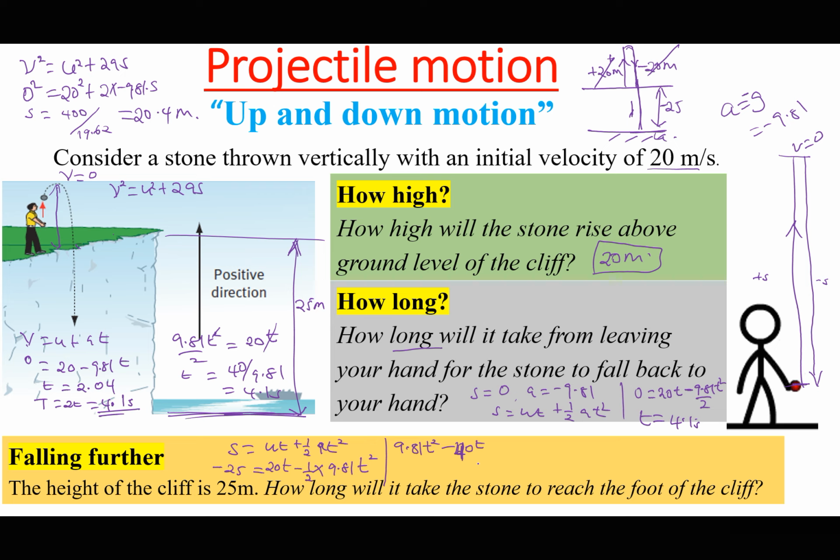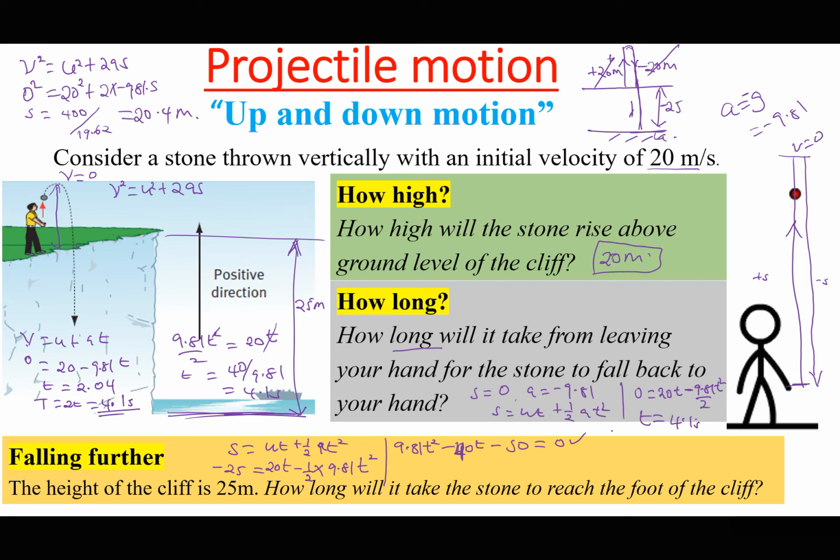Sorry, this should still be minus because it is already on the left-hand side. I'm taking everything on the left-hand side, so it remains minus 50, equal to 0. So you can solve this equation using your calculator, and you can easily find the value of t.